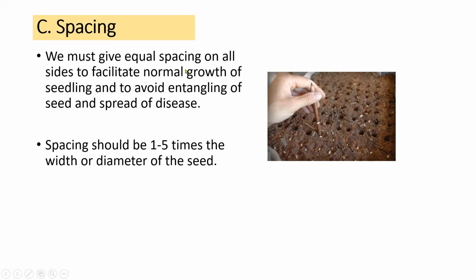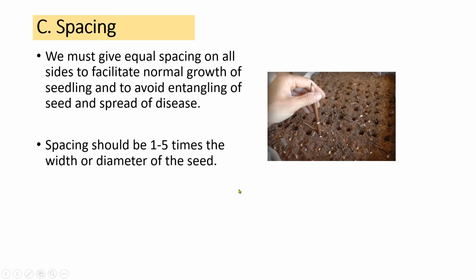And next is spacing requirements. Equal spacing on all sides has to be given to facilitate normal growth of seedlings and to avoid entangling of the roots while growing. And the spacing should be 1.5 times the width or diameter of the seeds.